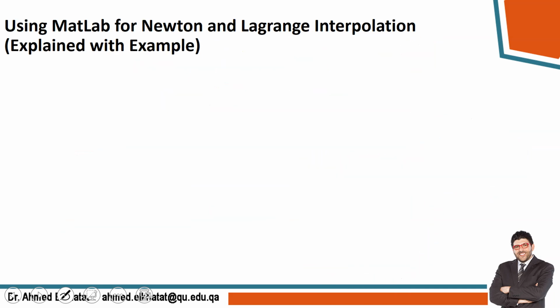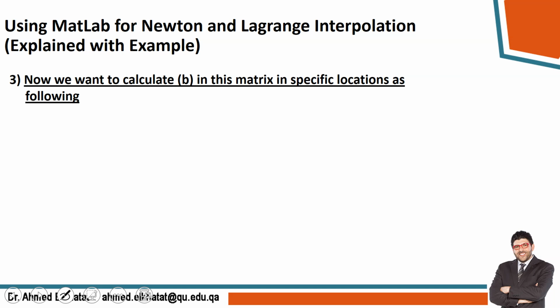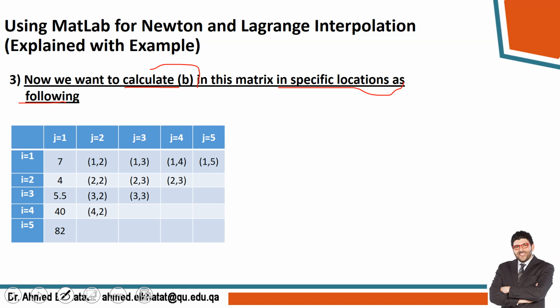Then now we can calculate in the matrix at specific locations only. We don't want to calculate p for all, so we want to calculate here, here, for the second column. For the first column, this is B naught, this is B1, this is B2, this is B3, and this is B4.